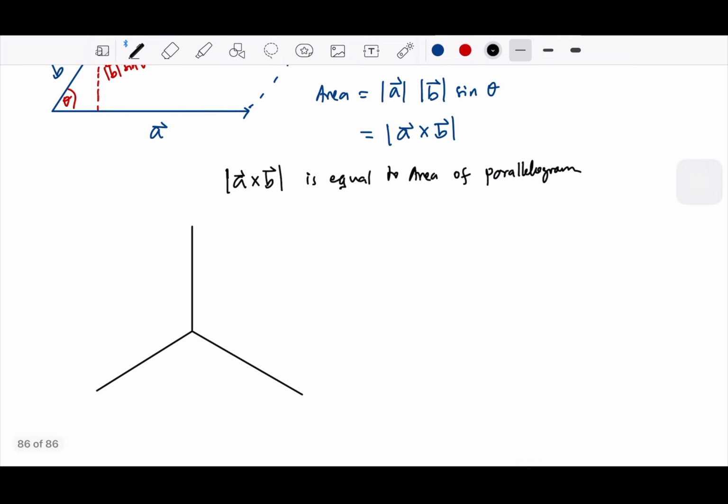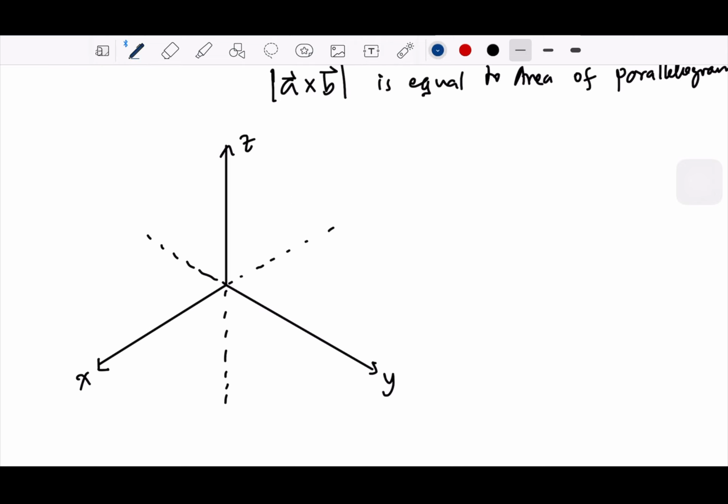Now another important thing about the cross product: if we set up a three-coordinate system, and let's say we set up i, j, and k as our standard vectors. Of course, if we take our right hand and look at i cross j, it's going up, right?